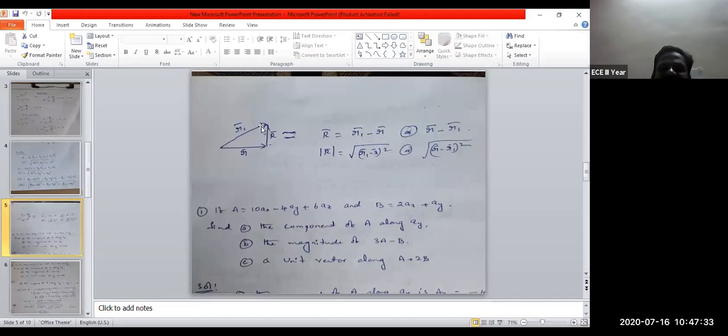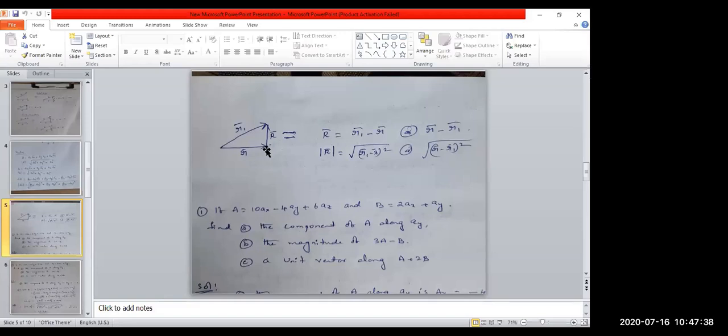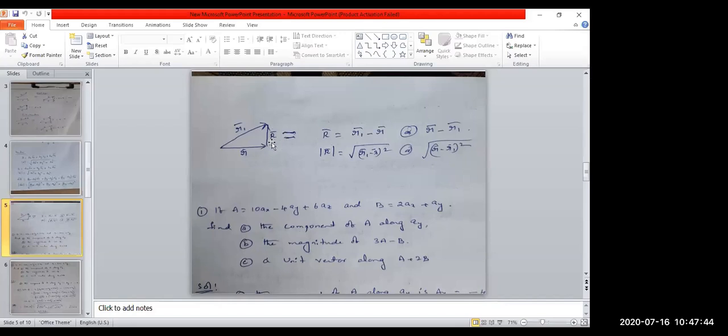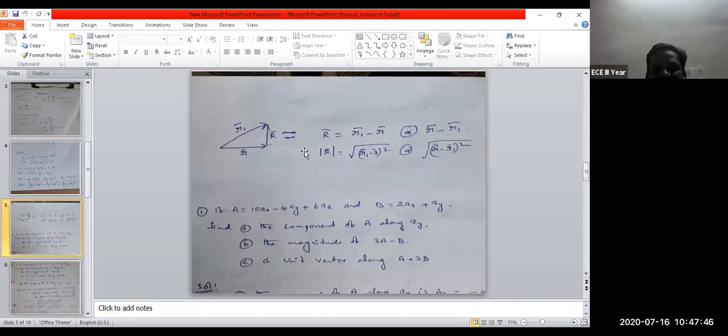Both have the same endpoint, so the resultant will be addition or subtraction? Subtraction. The resultant is noted by R bar. So R bar is equal to R1 bar minus R bar or R bar minus R1 bar, depending upon the direction, bottom to top or top to bottom.